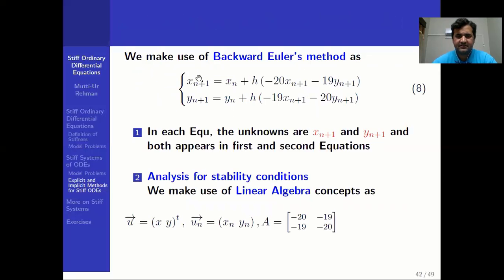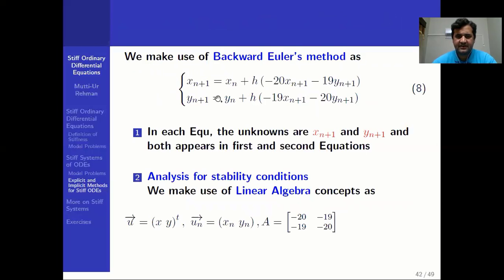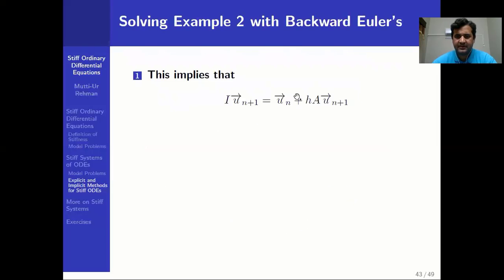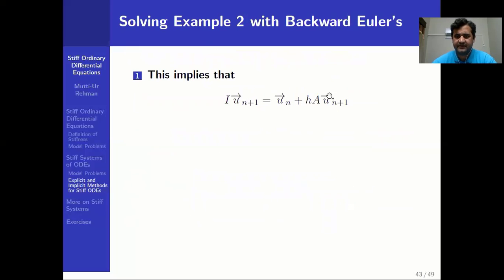You can see that this is packed over here, these are packed over here, plus h, the step size, times your coefficient matrix, and then both of these are packed in the vector un plus 1 actually.